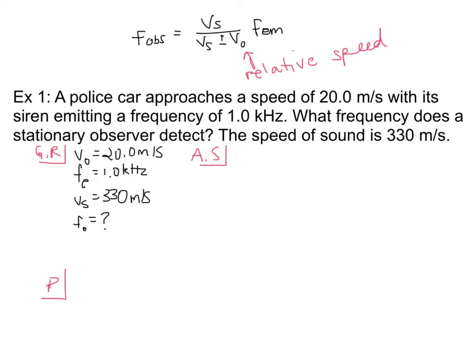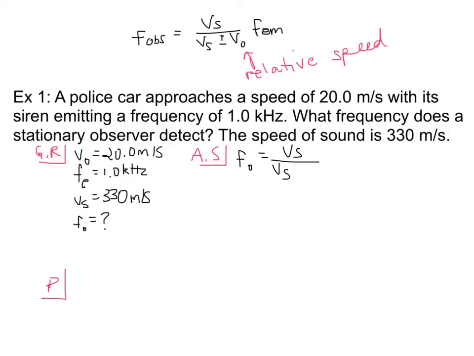All right, so I'm going to write out our equation here. So the observed frequency will be Vs over Vs, and now I have to figure out if it's going to be minus or plus. Well, we know that if it's going toward the observer, the frequency is going to increase.